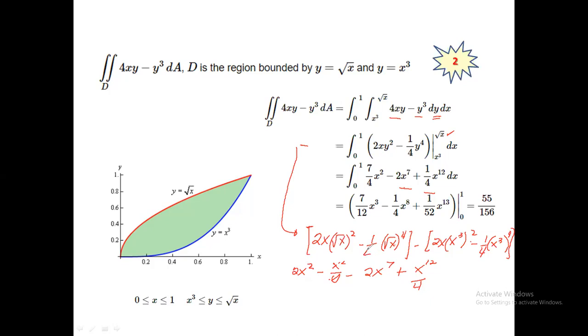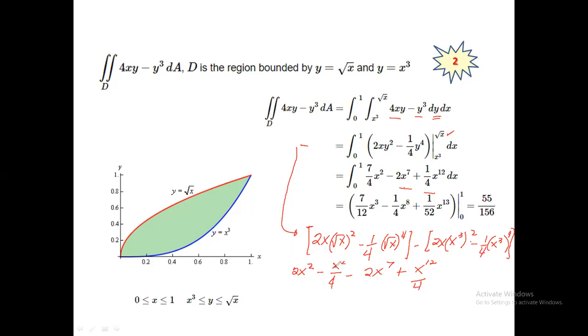So we have 1/4. In this case, this is x and x, 2x squared, and this is x squared over 4. 2x squared minus 1/4, that would be 2 and 3/4, and that would be this one.